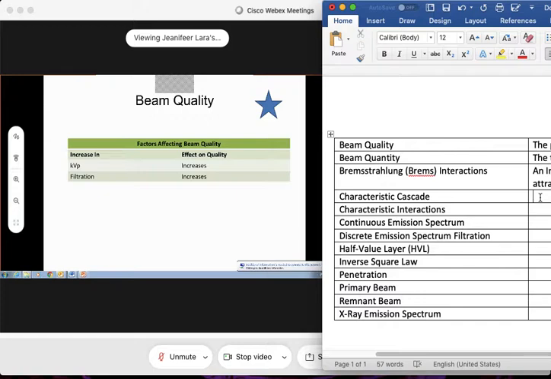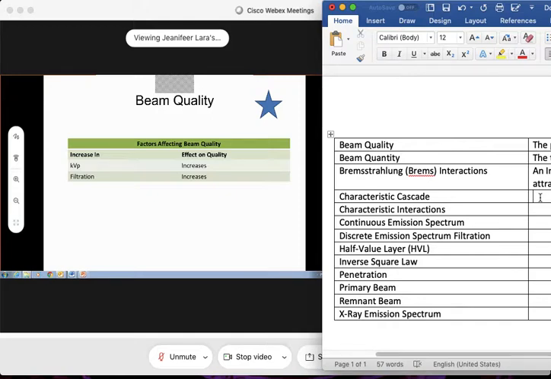If the photon does not have enough energy, penetrating power, it is likely going to be stopped by the body in front of the image receptor and never reach it. We have no image if that happens, right? If every photon was absorbed by the body, we would have a blank screen.